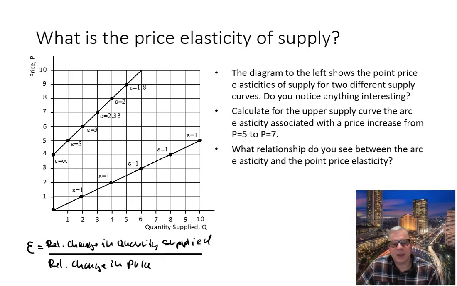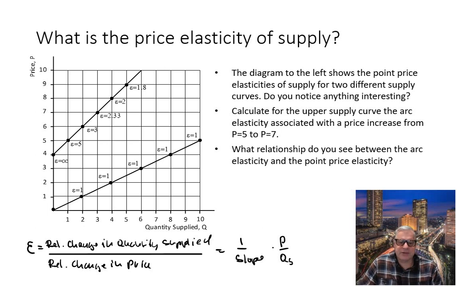And it's basically the same formula. You can derive it as 1 over the slope times P over Q. I'll make here a little S for quantity supplied.